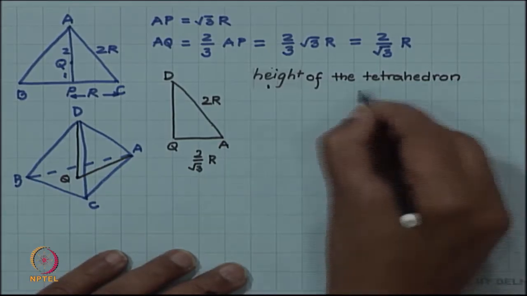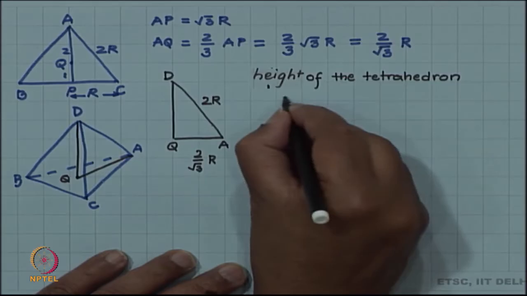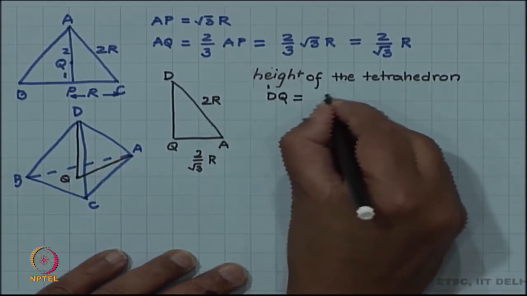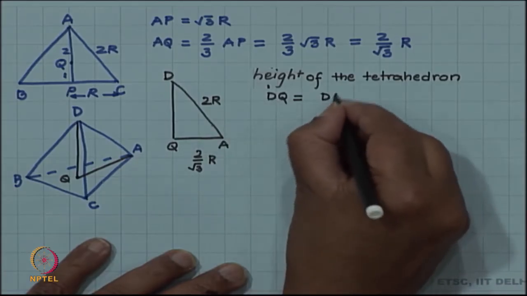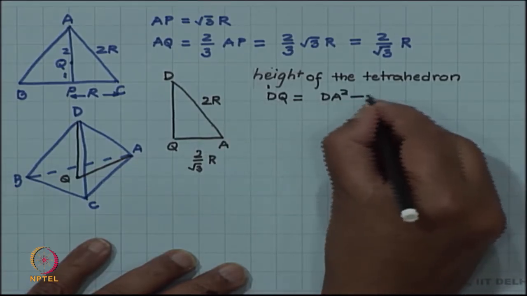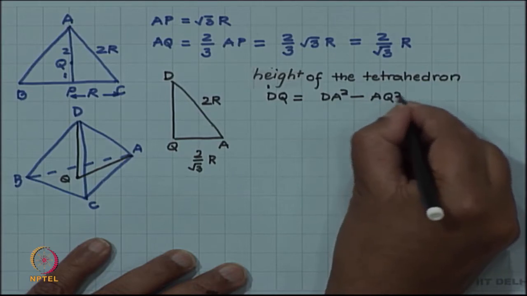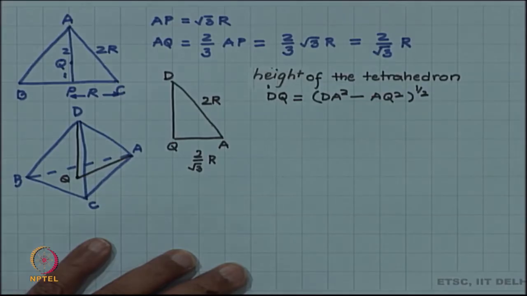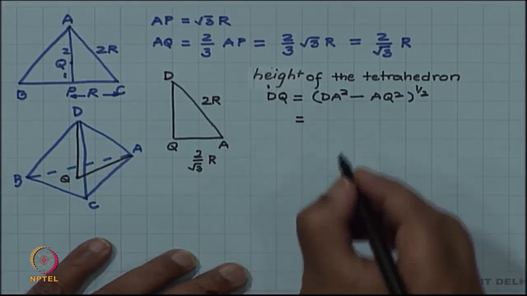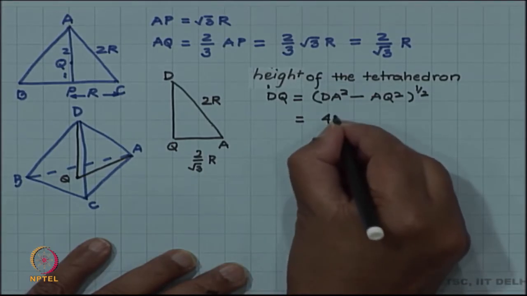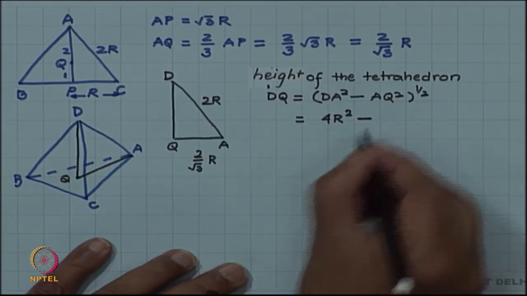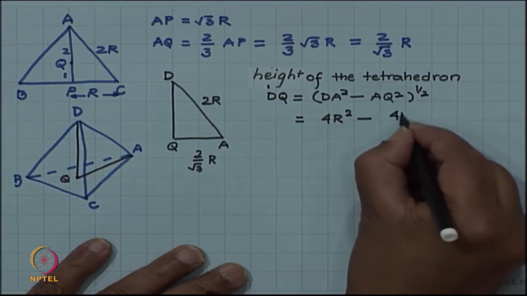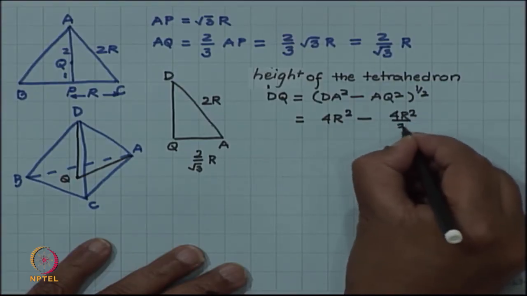Height of the tetrahedron DQ is equal to the square root of DA square minus AQ square. DA square is 4R square, minus AQ square, which is 2 by root 3 R squared, so it is 4R square by 3.